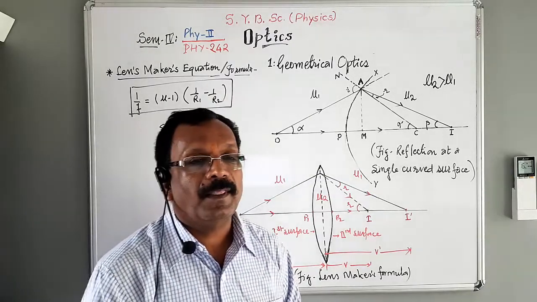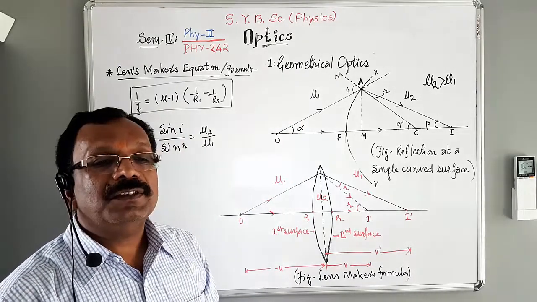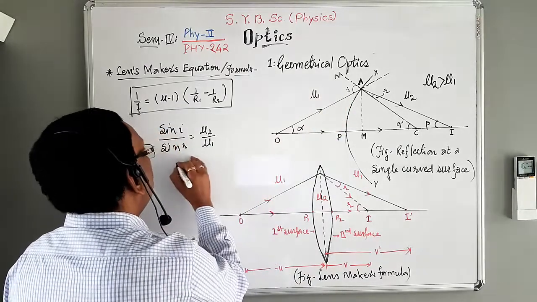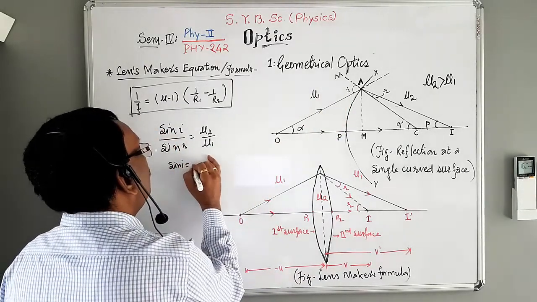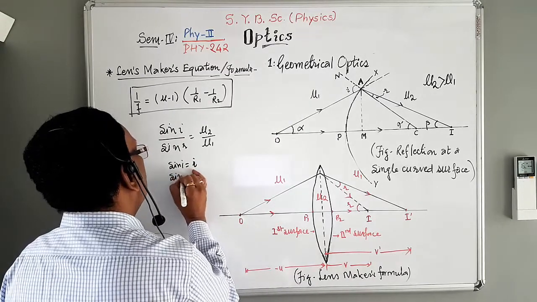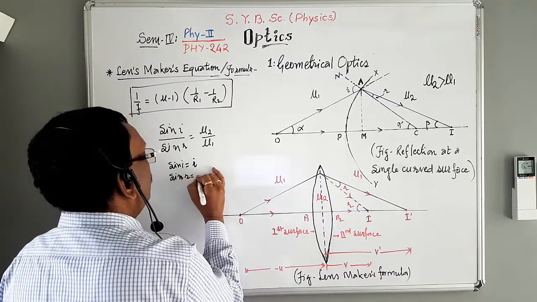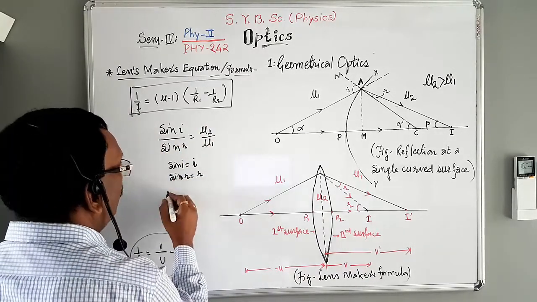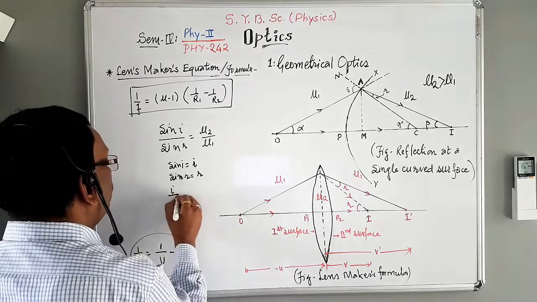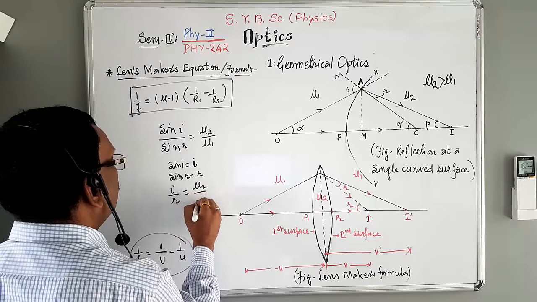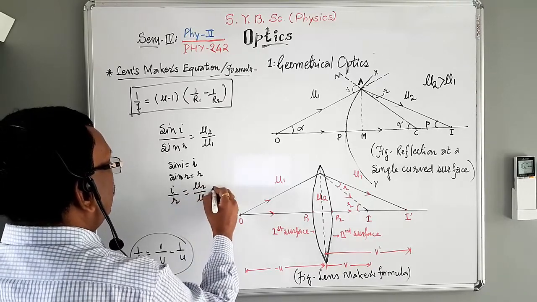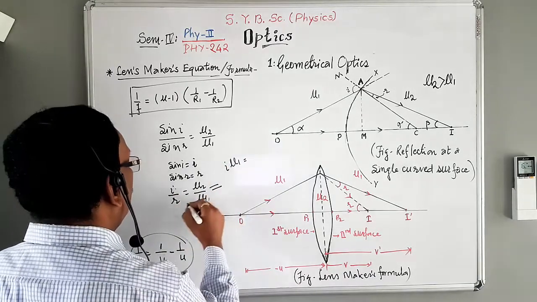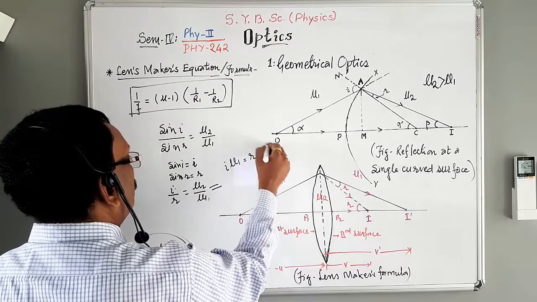But angle I is very small, so instead of sin I we can consider only I, and instead of sin R we can consider only R. So when angles I and R are very small, we can write I upon R is equal to mu 2 upon mu 1, and this gives us I mu 1 is equal to R mu 2.